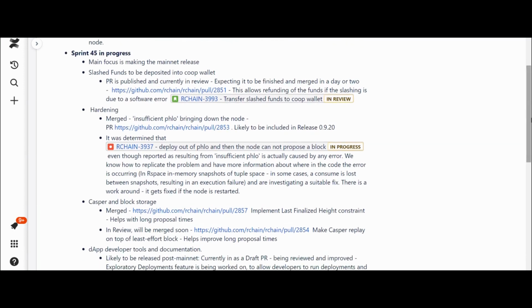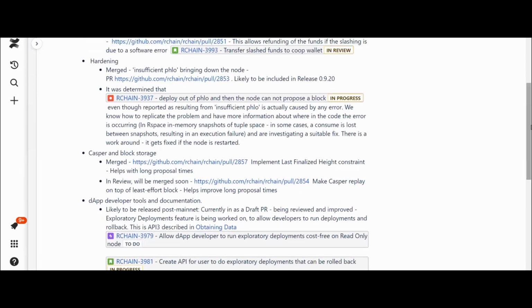The insufficient flow bringing down the node, that issue has been merged into the dev version of the code base, and that should be coming out also. There is another piece to that, the 3937 issue, which initially was reported as an insufficient flow issue, but we have more information on that.